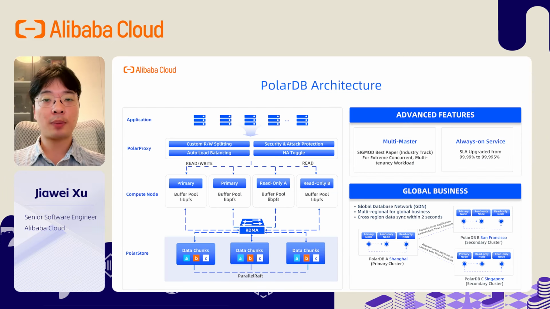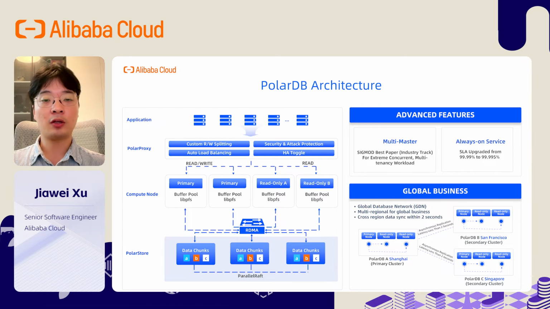Central to PolarDB's power is its innovative architecture based on a decoupled compute and storage design. Your applications connect through Polar Proxy, which intelligently handles read-write splitting, load balancing, security, and high availability. The compute nodes, both primary and read-only, share a single distributed storage layer, PolarStore.